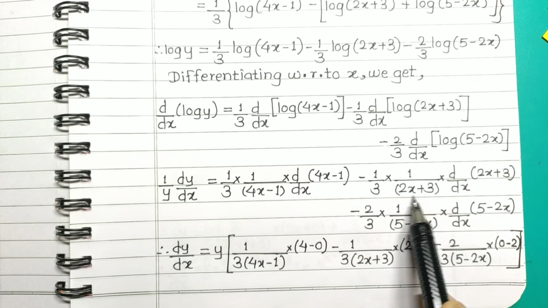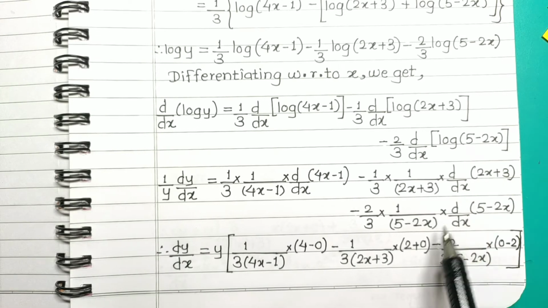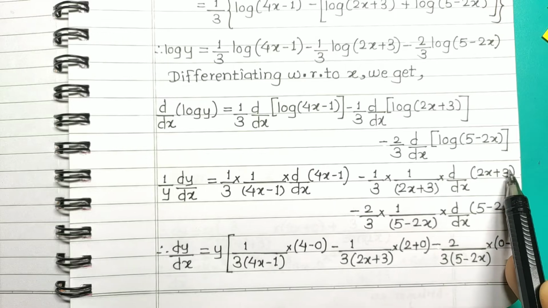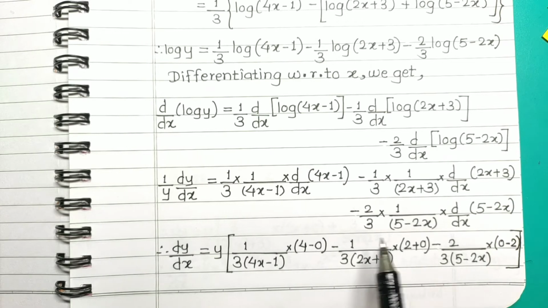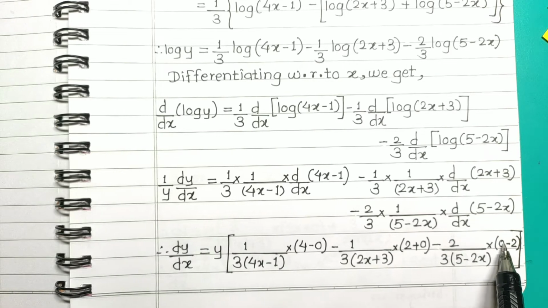Here we can write for this 1 upon 3 into 2x plus 3, and the derivative of 2x is 2, and since 3 is constant, its derivative is 0. And here for this we write 2 upon 3 into 5 minus 2x, into, since 5 is constant, its derivative is 0, and the derivative of minus 2x is minus 2.